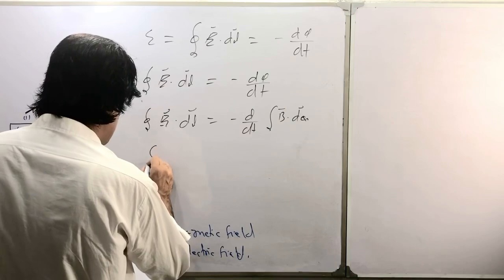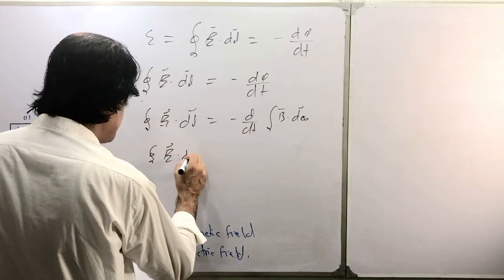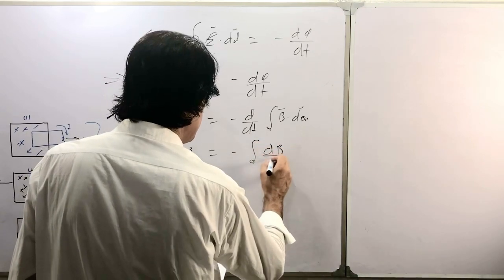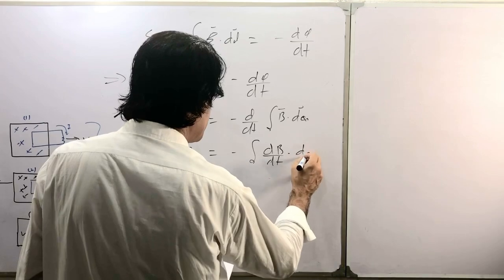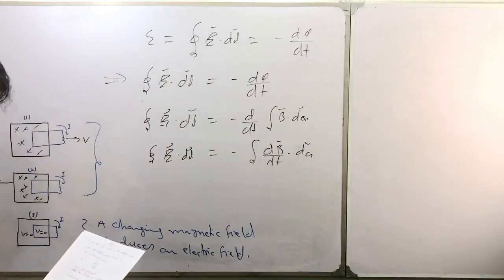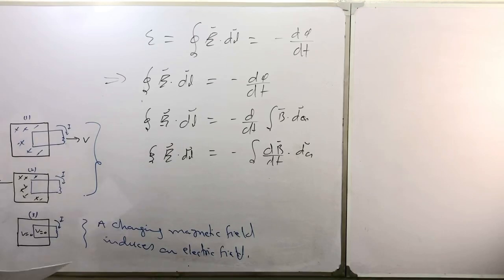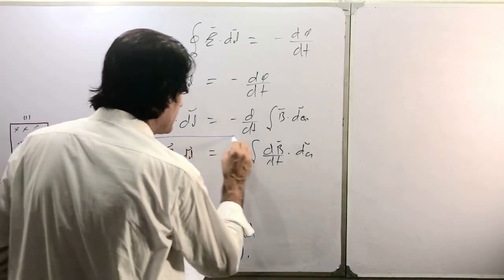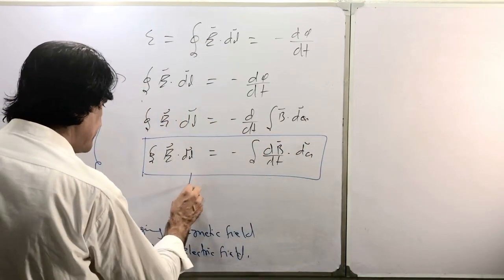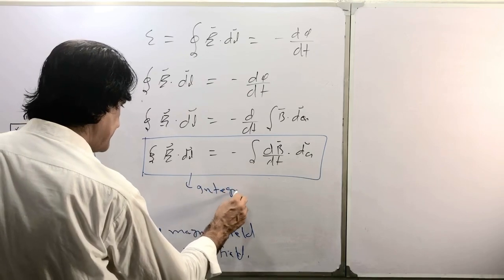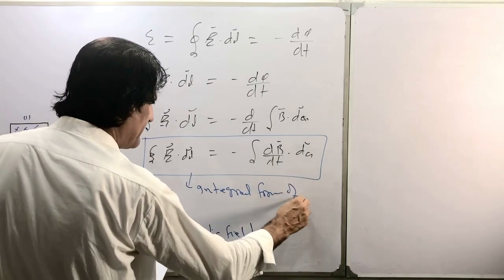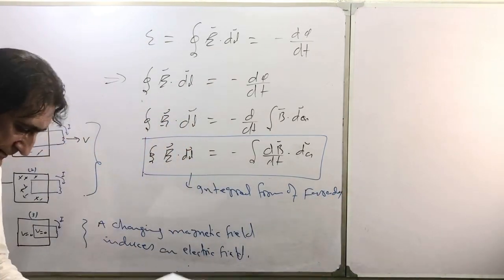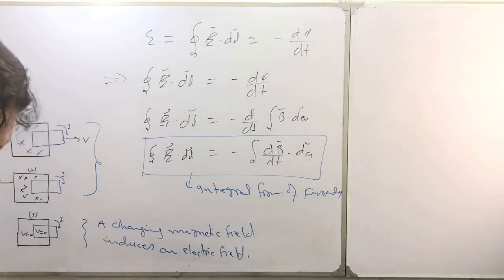Whenever we apply the time derivative, we get ∫(∂B/∂t)·dA. This is the integral form of Faraday's law.